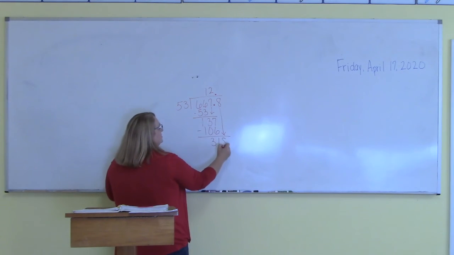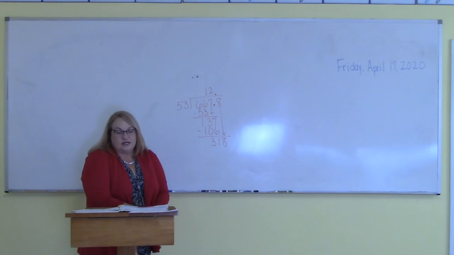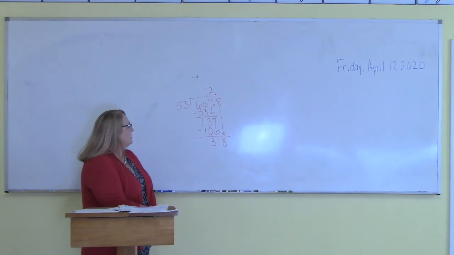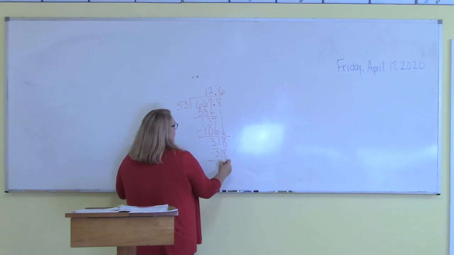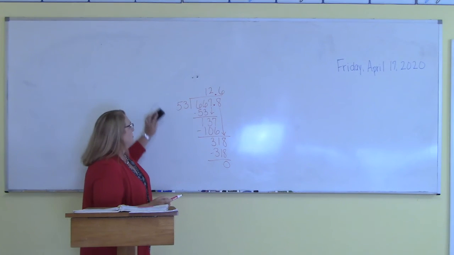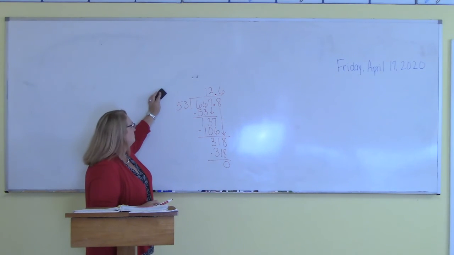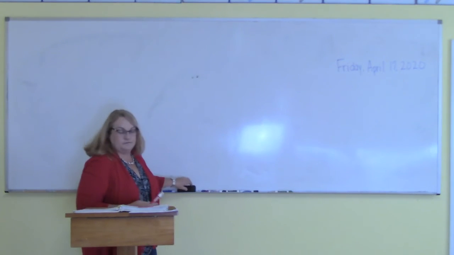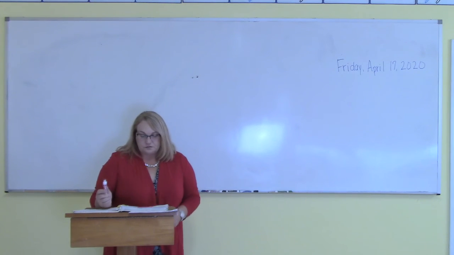Bring down your 8. 318 divided by 53. How many times? Good. 6. 53 times 6 is 318. So your answer is 12 and 6/10. 12.6. Okay, you will work D by yourself.